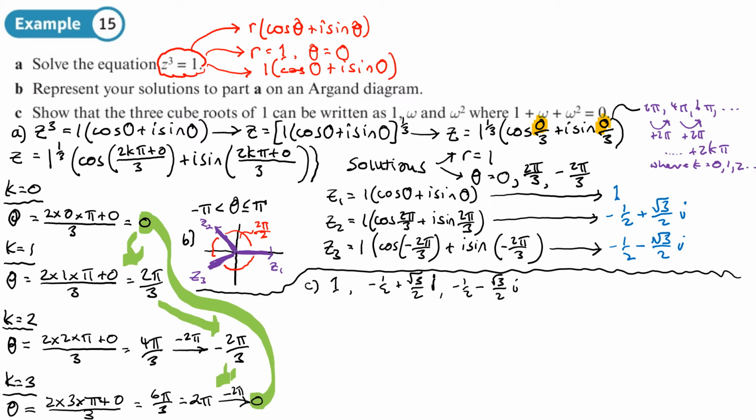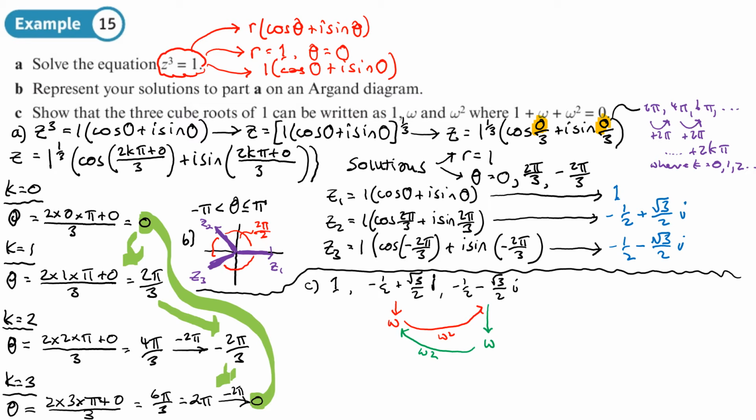Now what's interesting, and you can use your calculator to check it, is that if we called this omega, if we square it, we get the other root. Or if we were to call this root omega, if we square that, we get the other root.